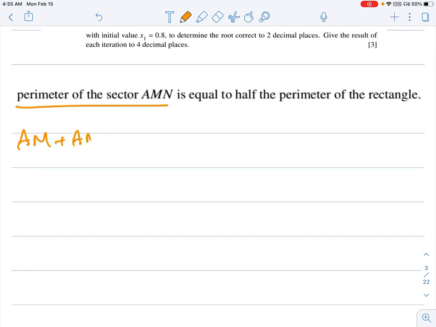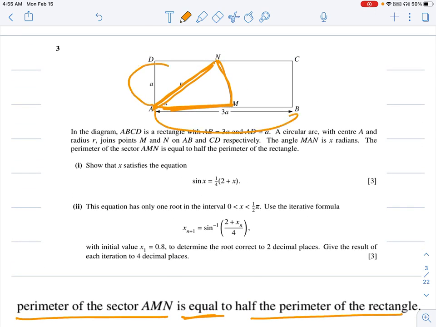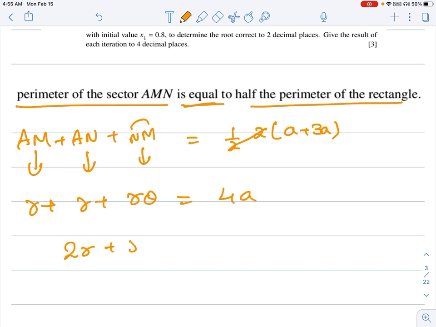AM plus AN plus arc NM is equal to half the perimeter of the rectangle. The rectangle is made up of A and 3A. So 2 times (A plus 3A). So the 2 cancels. AM is r and AN is also r, and this is r theta, is equal to 4A. So 2r plus r theta is equal to 4A.